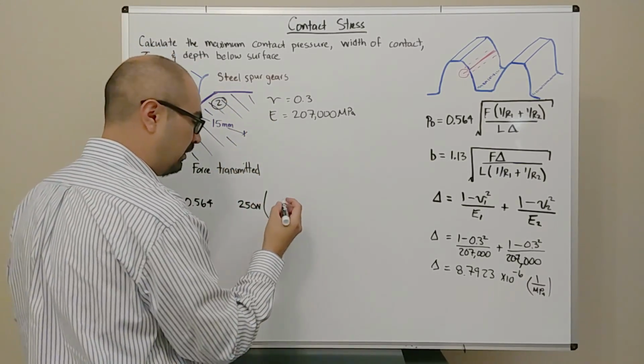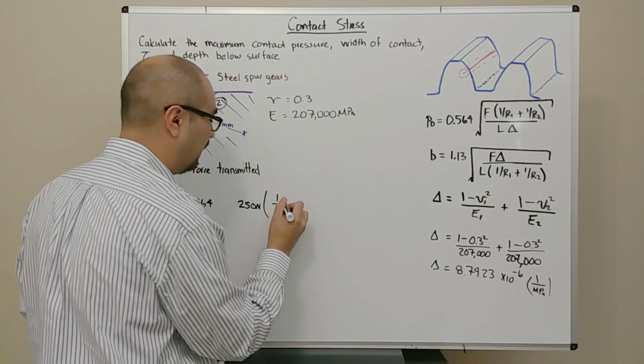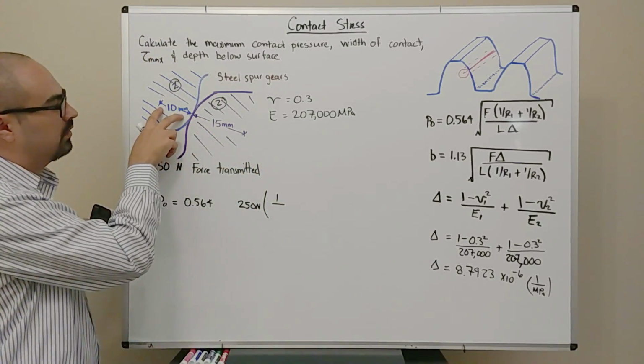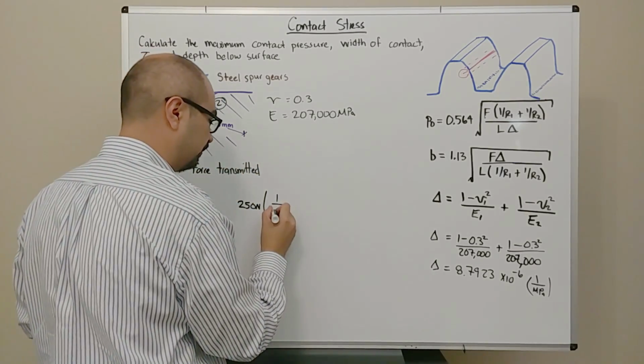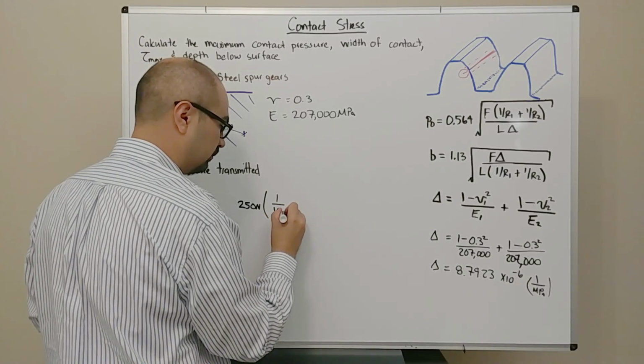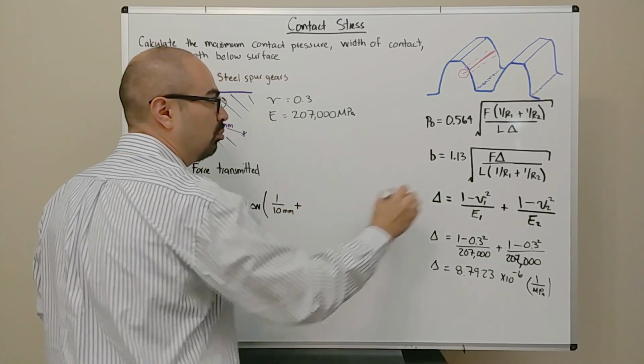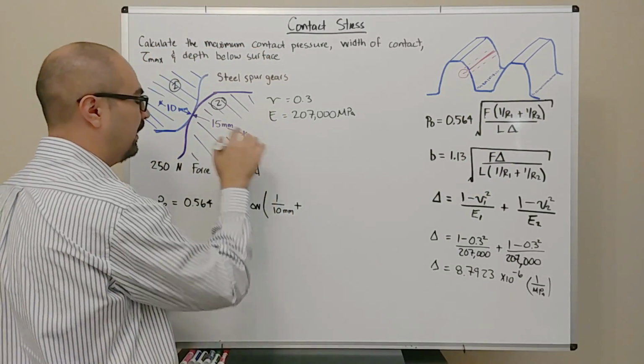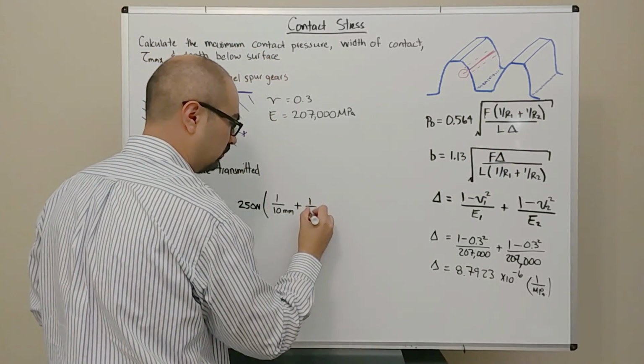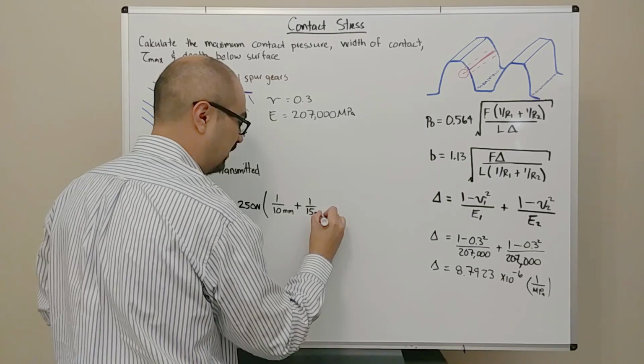The order doesn't really matter much. So 1 by, and notice the radius is given on the figure as 10 millimeters, plus 1 by R2, or 1 by 15 millimeters.